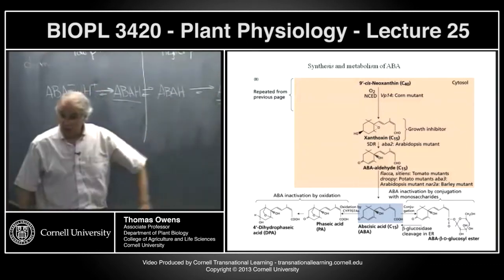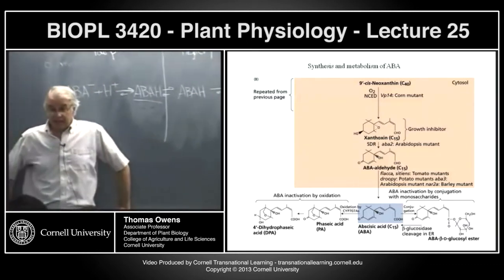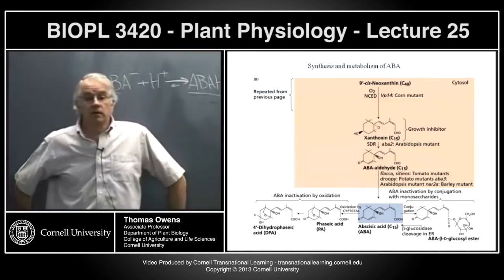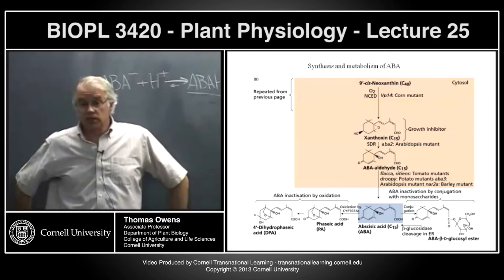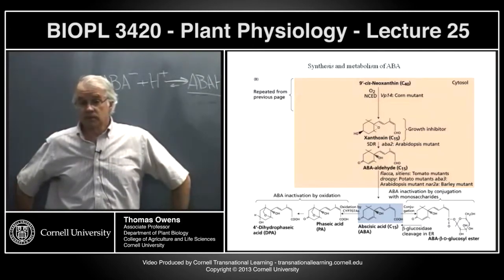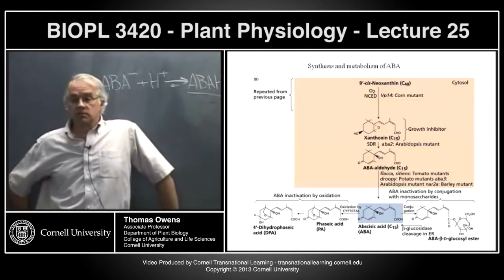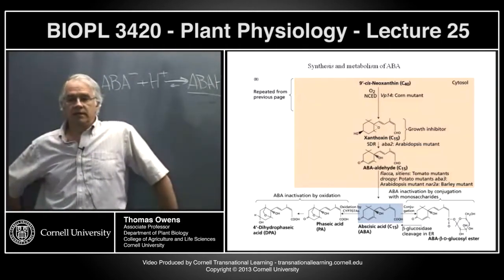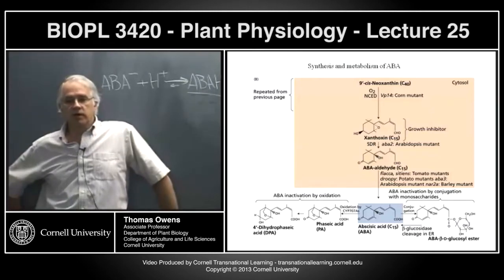Like we saw with auxins, the cellular distribution of ABA is going to be, at least in part, governed by pH. So under normal conditions, in a leaf cell, in the daytime, where are you going to find most of the ABA?